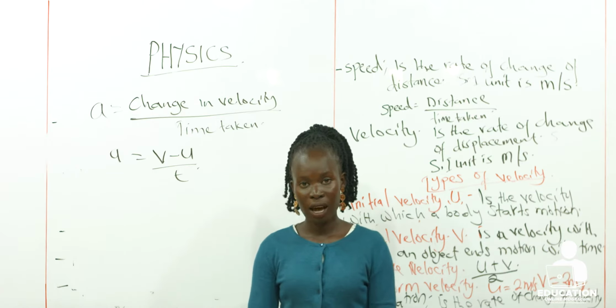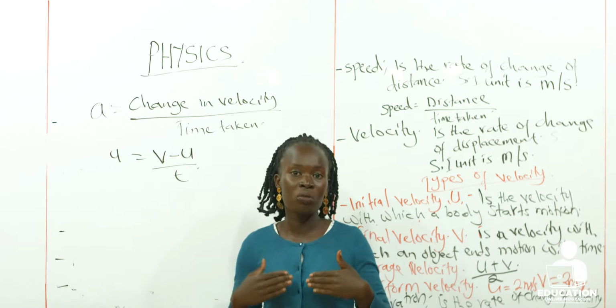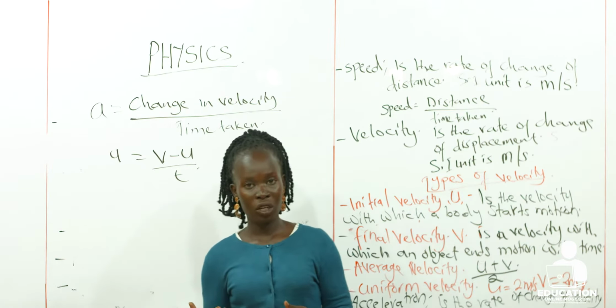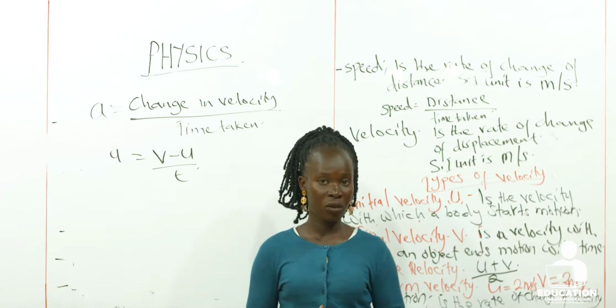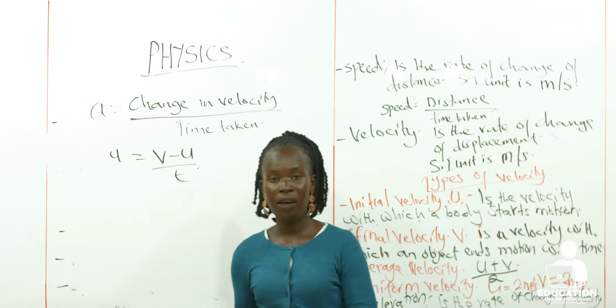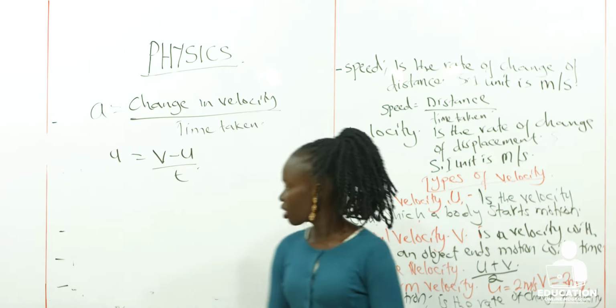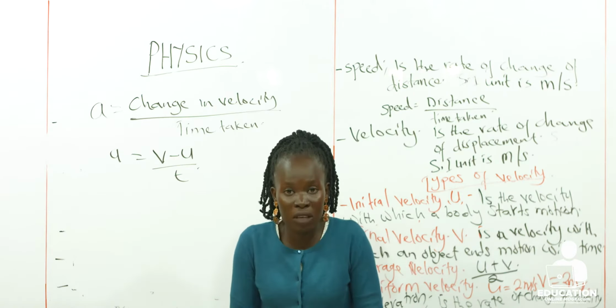It is still acceleration, but it is moving in the opposite direction. So it is either retardation or deceleration. When you hear deceleration, don't get confused. It's the same as retardation.